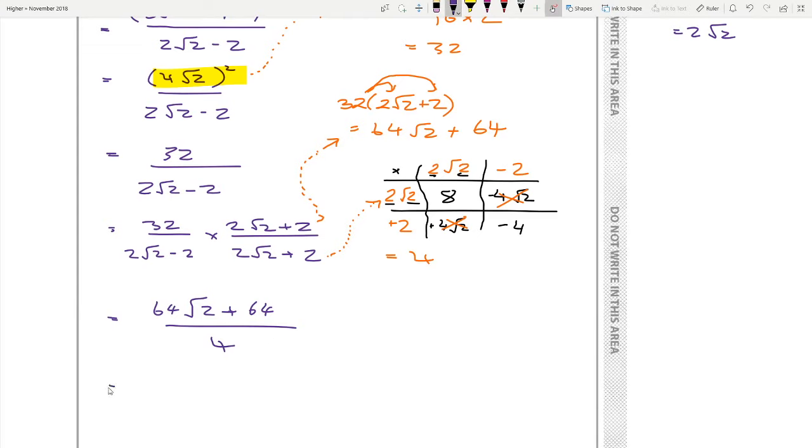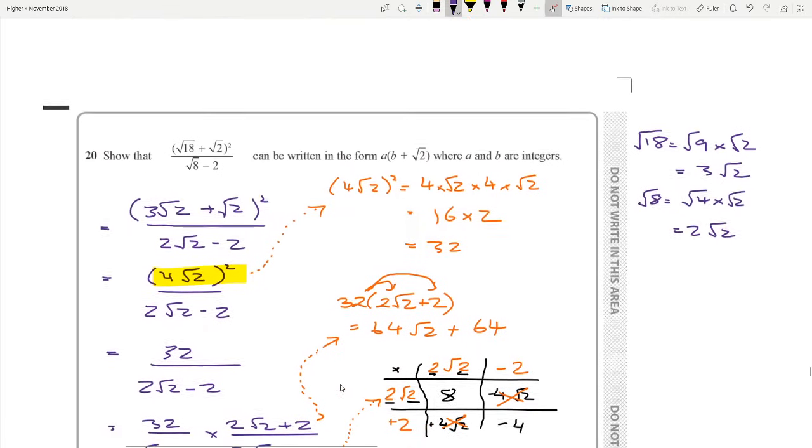Divide this by 4: 64 root 2 divided by 4. Again, that's like saying 64x divided by 4, you can do that. That's just 16 root 2, add, and 64 divided by 4 is just 16. So we've got 16 root 2, add 16.